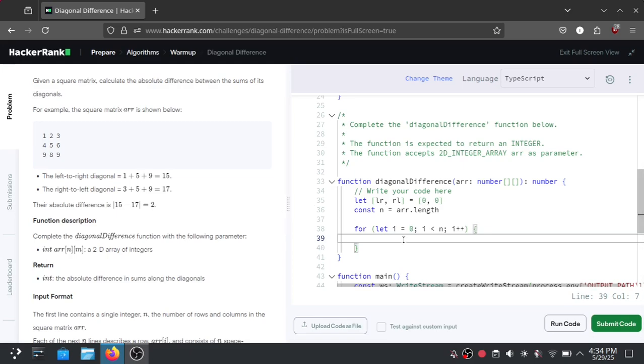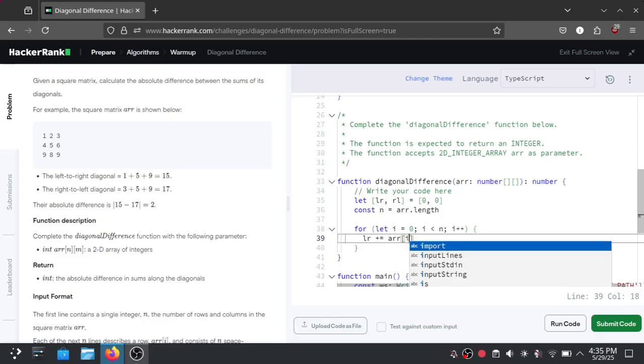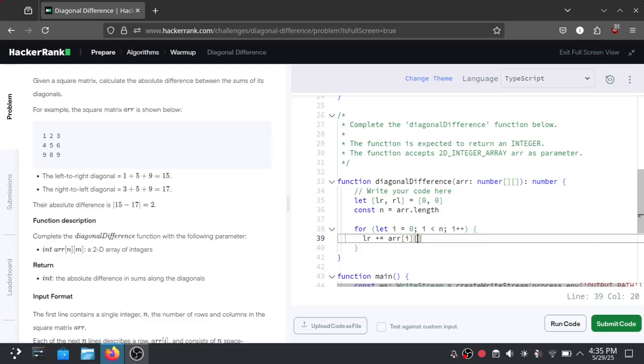Okay, so let's jump to the code. We are using TypeScript in this case. For the top left to bottom right, we are directly calculating with the array destructuring, with the current iteration, and then for the J part or the second dimension, we are pointing this part, which is 1.